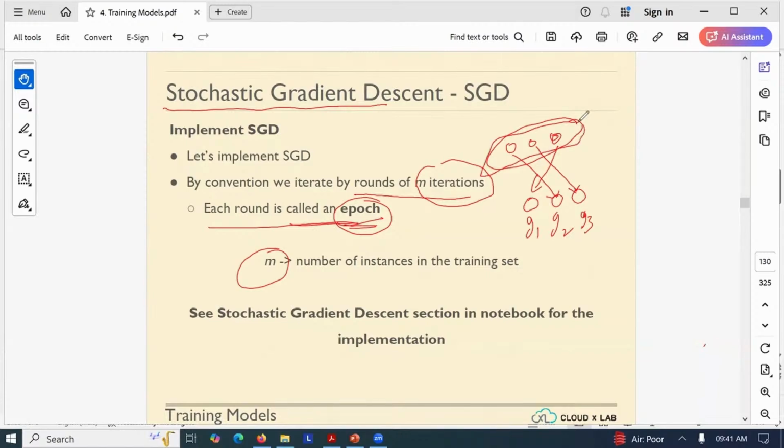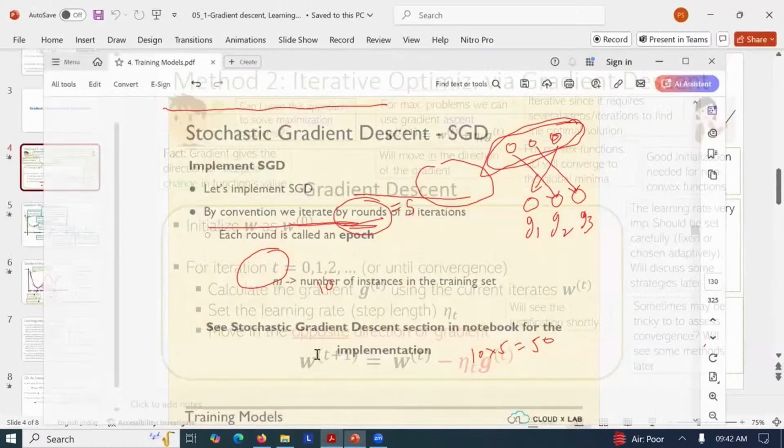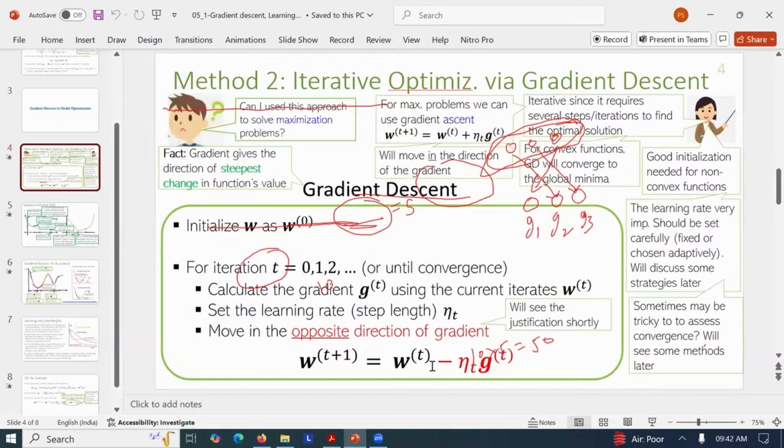So if you have 10 data points in your data set and you use 5 epochs, then the total number of iterations will be 10 times 5, which is 50. That means 50 times you will update using this equation.